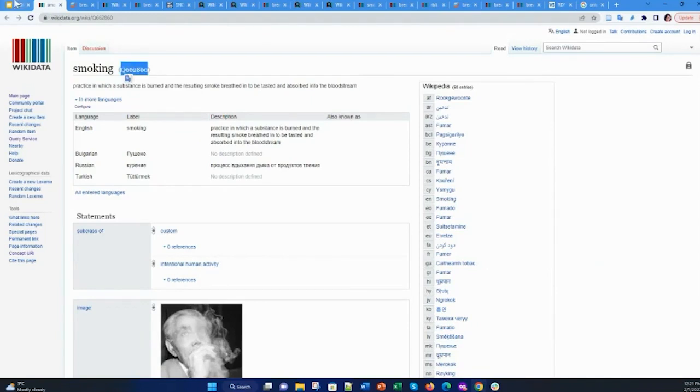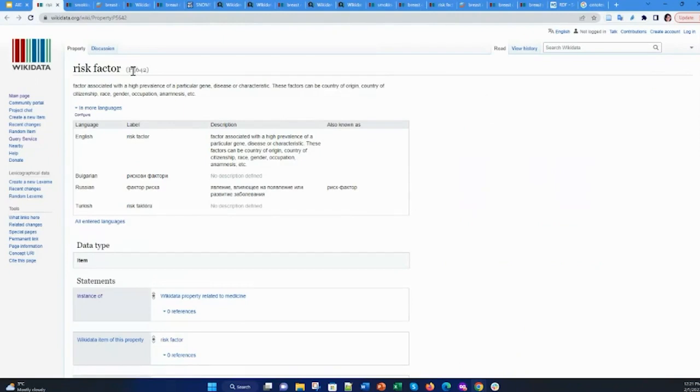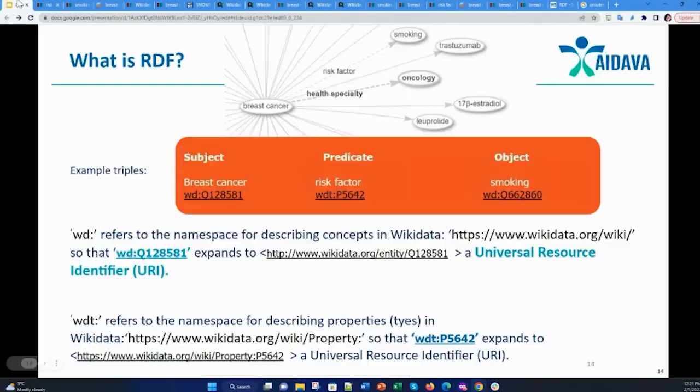And for the relation risk factor, the relation identifiers in Wikidata start with the capital letter P followed by some digits, for risk factor, the unique identifier for this property, for this relation.